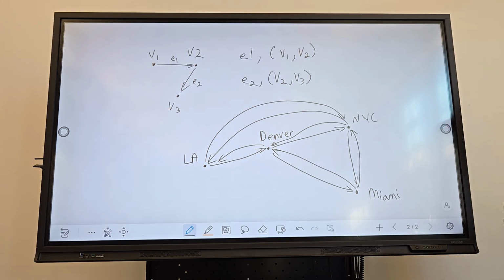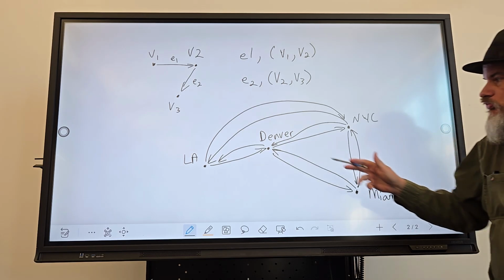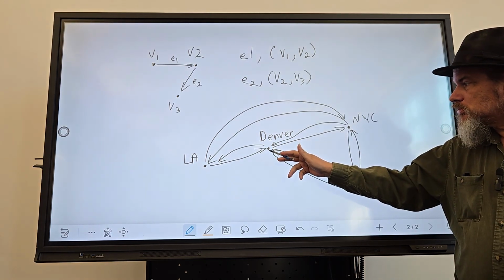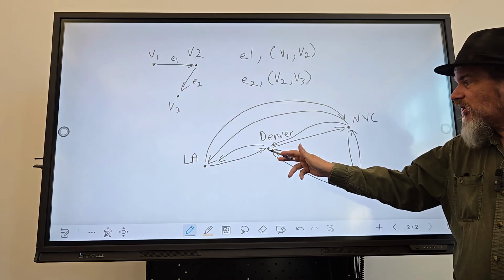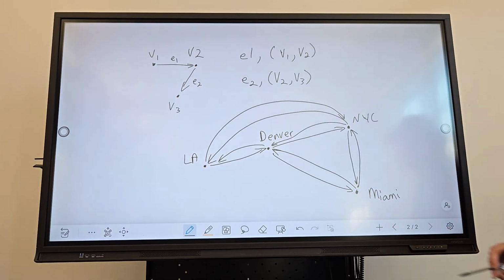You could easily see by the degree of each node or vertex on the graph that Denver and New York are the busiest airports because they have the highest degree of edges on them. So they would be the busier airports.